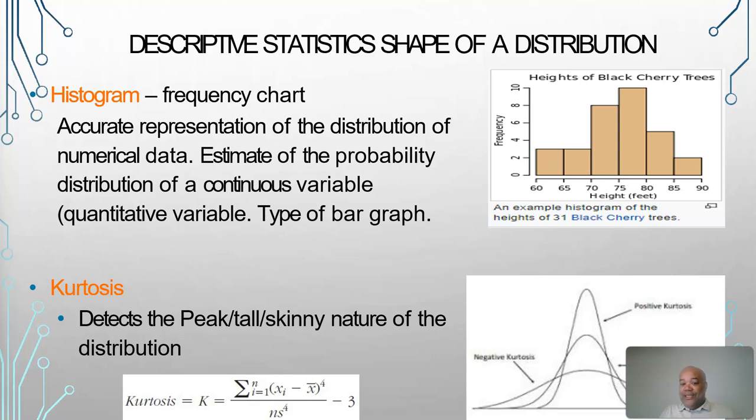It groups data into bins or intervals, and it displays the frequency of each interval as bars, providing an estimate of the probability distribution for a continuous variable. So, for example, a histogram of tree heights, okay, that is literally tree heights, not three heights, but tree, T-R-E-E heights, might show whether most trees are of average height or if the data is spread out.